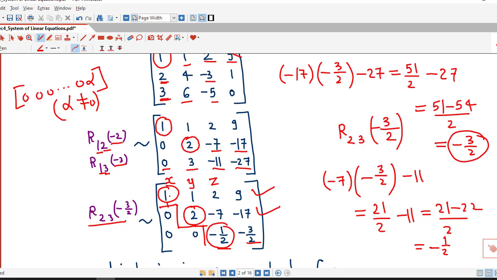Now we decide the leading variables. Here the first non-zero entry of the first row corresponds to x. The first non-zero entry of the second row corresponds to y, and the first non-zero entry of the third row corresponds to z. So that means x, y, z are leading variables. That means all the variables become leading, or we can say that there is no free variable.